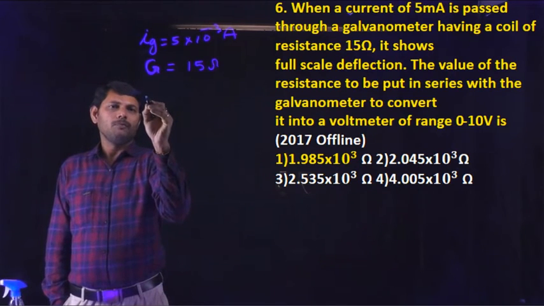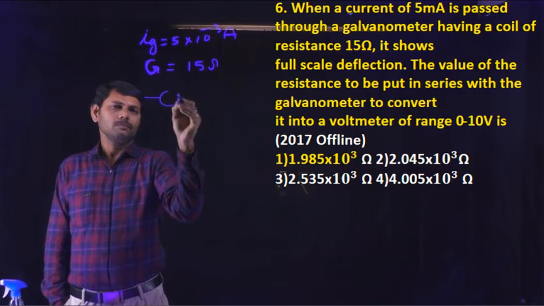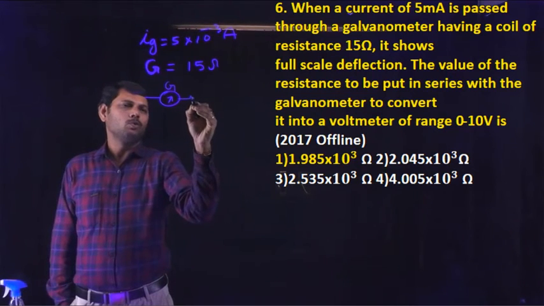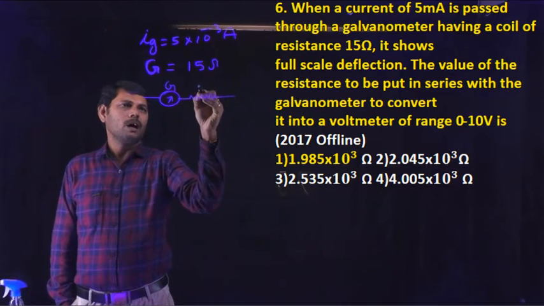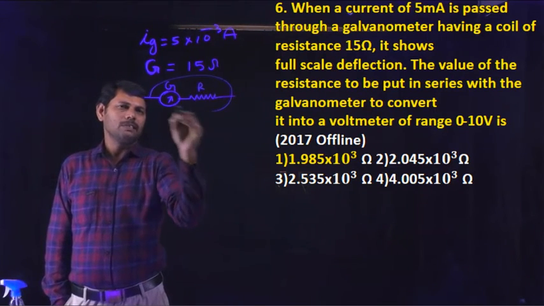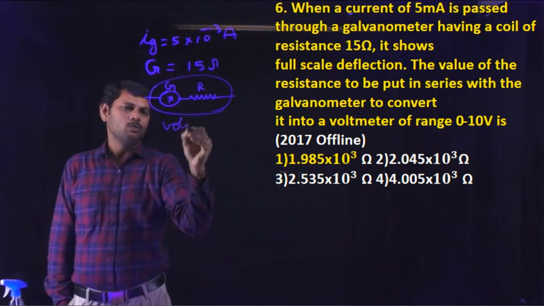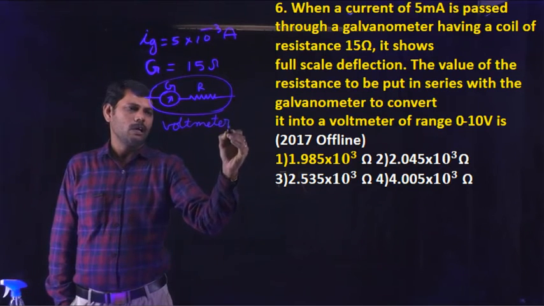Here, if you have a galvanometer having resistance G, we convert the galvanometer to a voltmeter by connecting a resistance R in series. A high resistance connected in series to the galvanometer converts it to a voltmeter. This is the way of conversion of moving coil galvanometer to voltmeter.